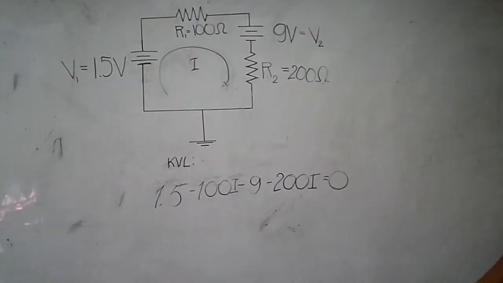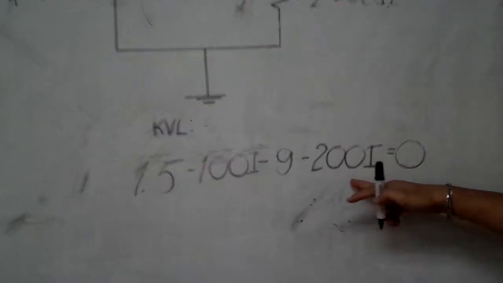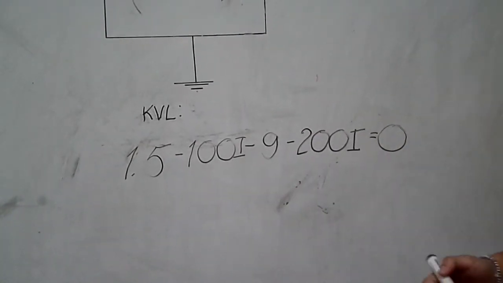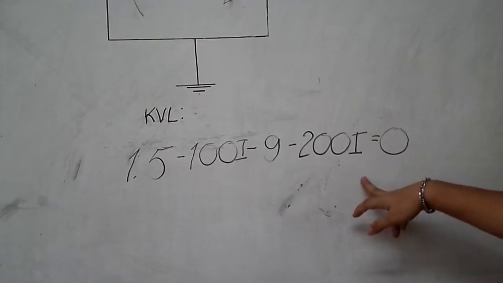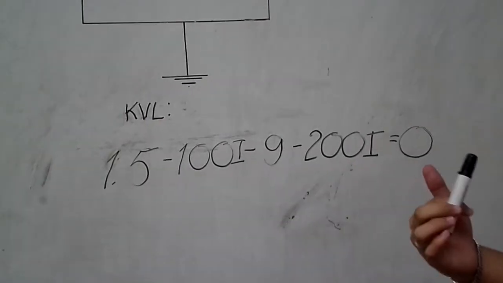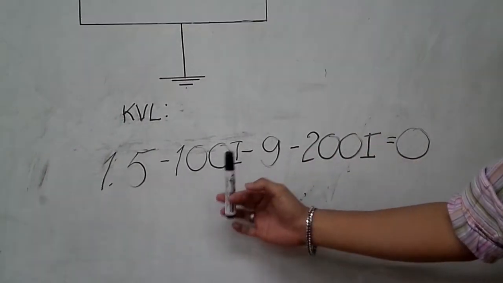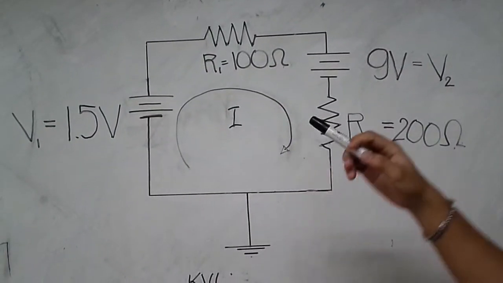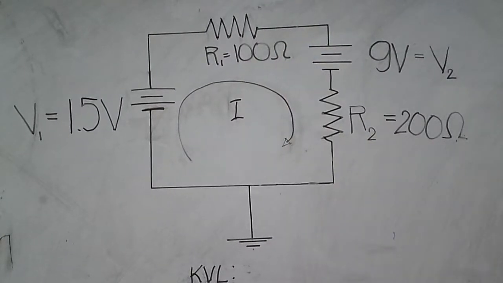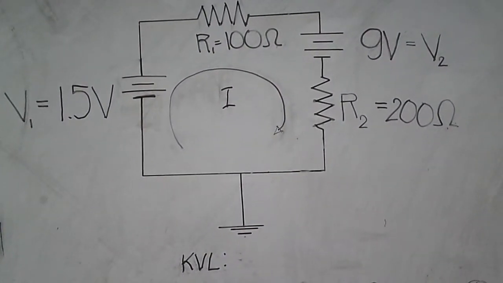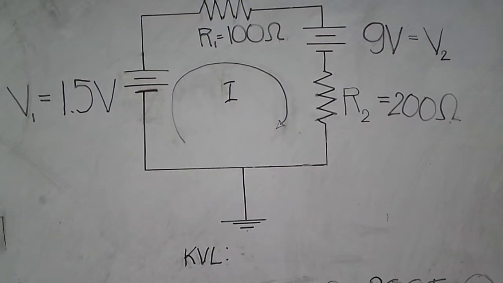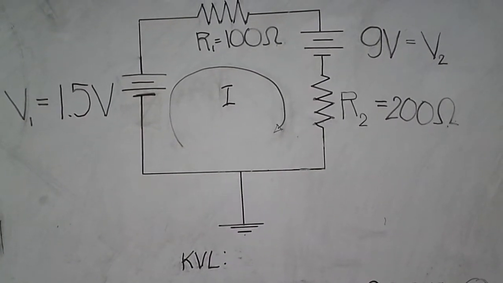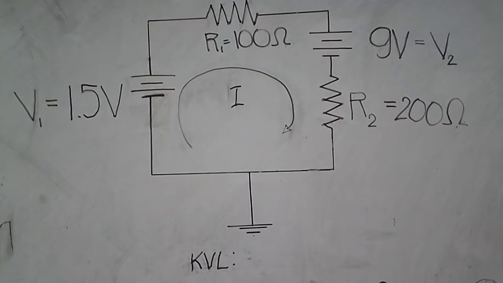Now, you notice that the 200 and the 100 ohms are with the same variable. You know why? Because the current flowing through the whole circuit is the same, because they are only in series connection. Understanding that, the current flowing in them are equal. So we can now proceed to identifying the current flowing in that circuit.